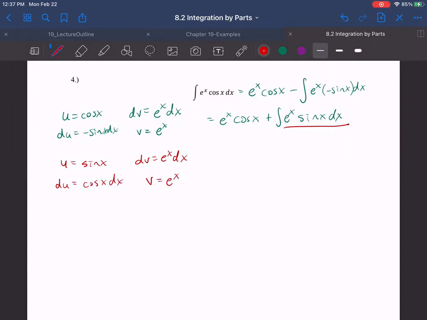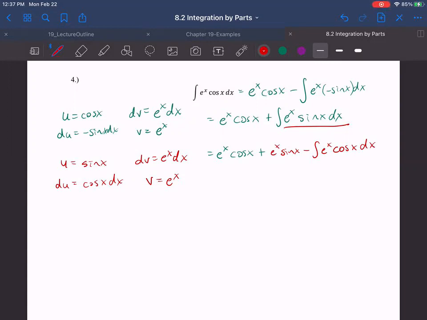And so then this equals, keep that first part, e to the x cosine x plus e to the x sine x minus integral e to the x cosine x dx. And we're right back to having to take the integral of what we started with.